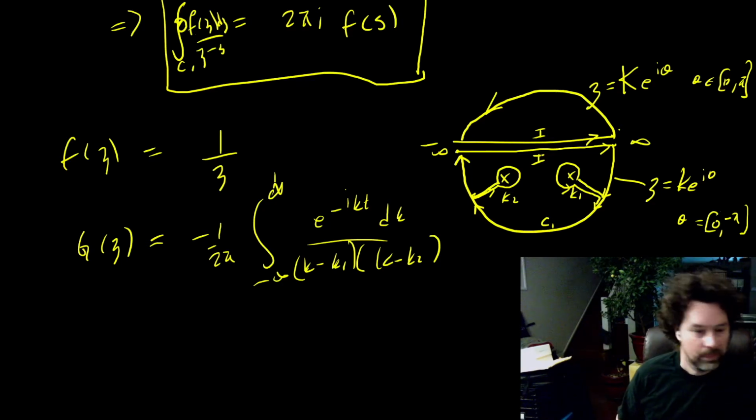All right, so let's plug in our parameterizations and see when this integral vanishes for what values of t.